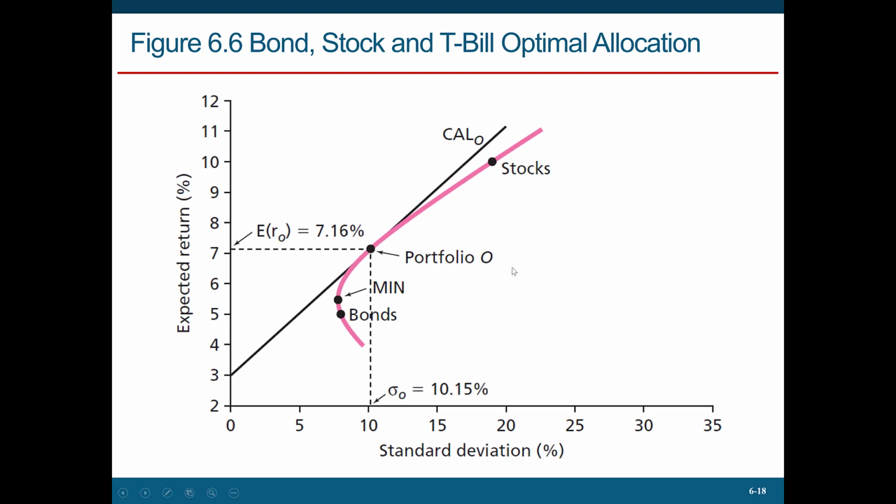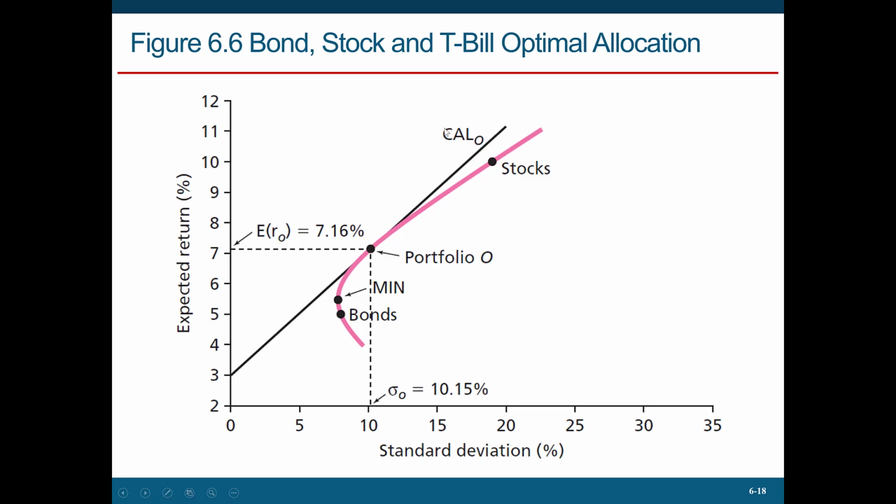And this is this portfolio O. So all investors are going to choose this portfolio O as their optimal risky portfolio. Every single investor would choose O as their optimal risky portfolio. Every single investor would have this same capital allocation line, CAL O, right?